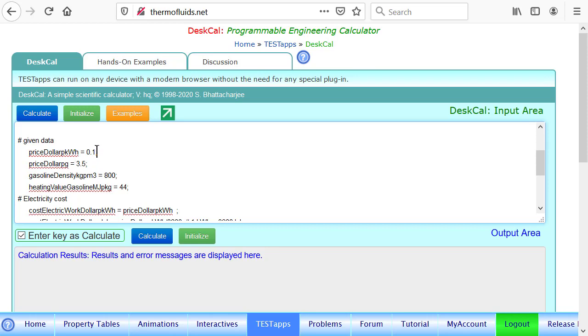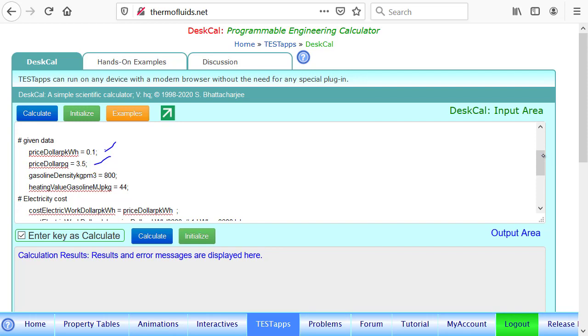So obviously this is the electricity, our electrical energy, and then price in dollar per gallon. That is the gasoline. This is our gasoline price. Gasoline density is given as 800 kg per meter cube. Note I always try to put the unit at the end of the variable name. You can name them as you like, but naming variables X, Y, Z, A, B, C, D is a very bad practice in programming. So you want to name a variable nicely. So these are the given data.